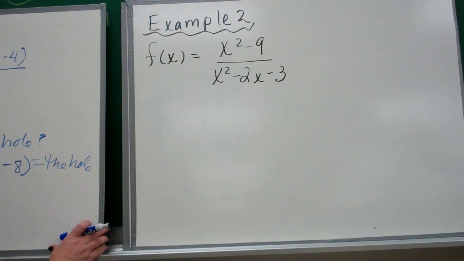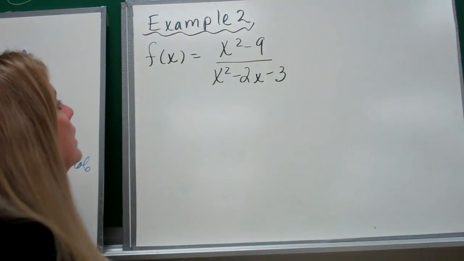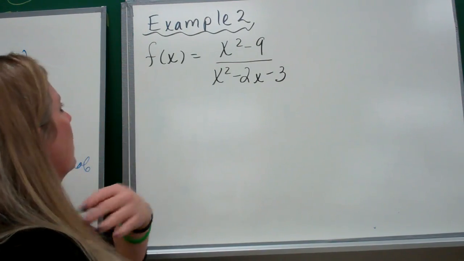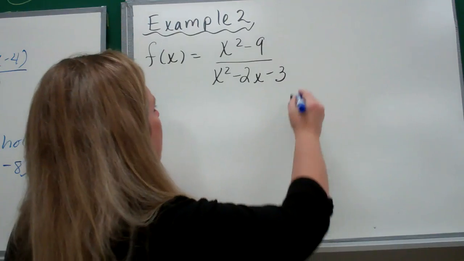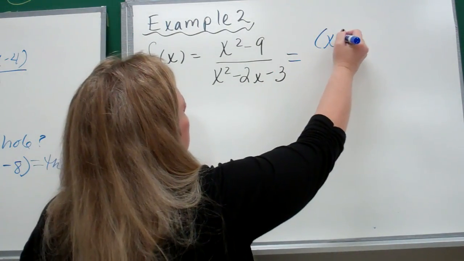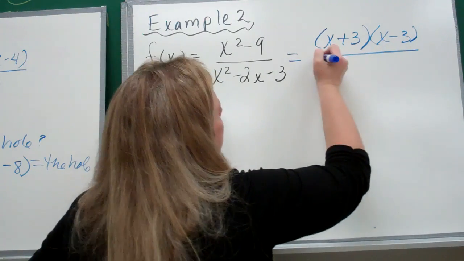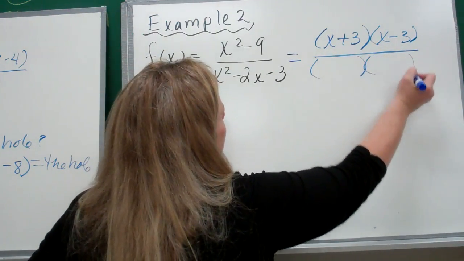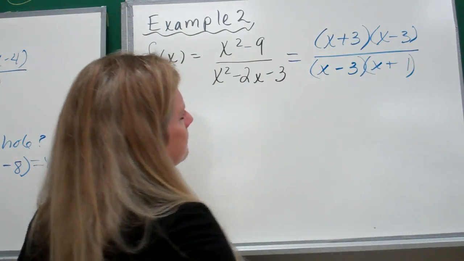Can you have holes and asymptotes? Yes, of course. And here is one where we might see both. Start by factoring everything. Difference of two perfect squares: x plus 3, x minus 3. The bottom is going to factor to x minus 3, x plus 1.